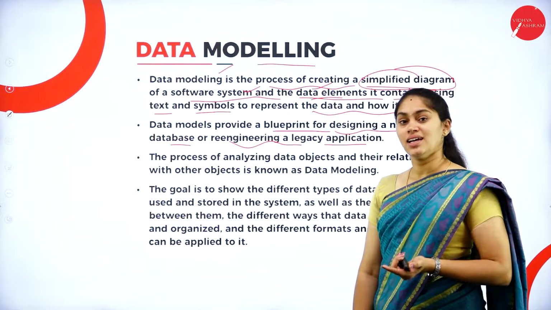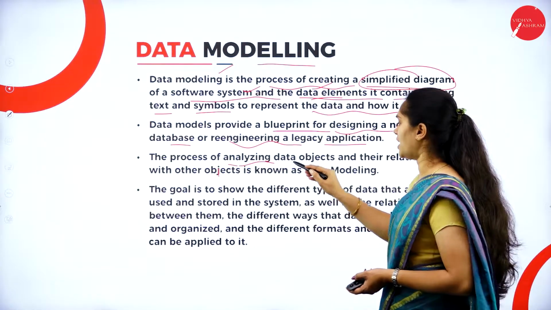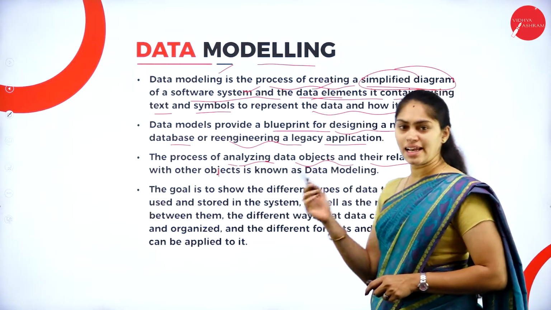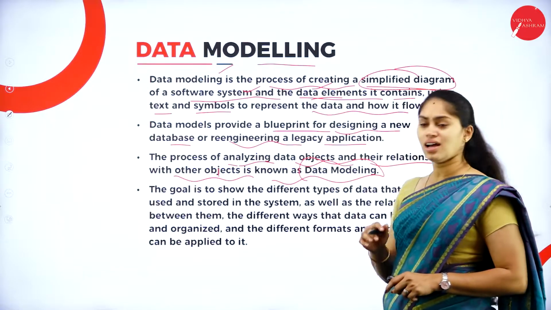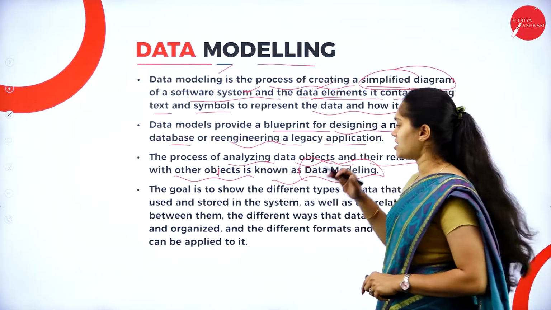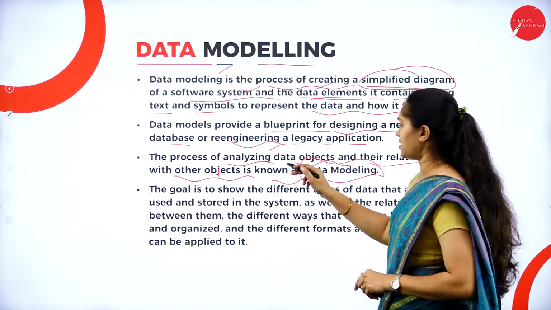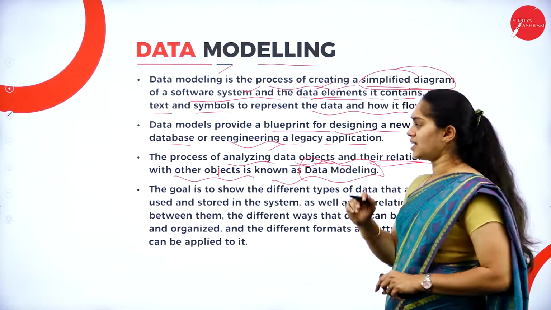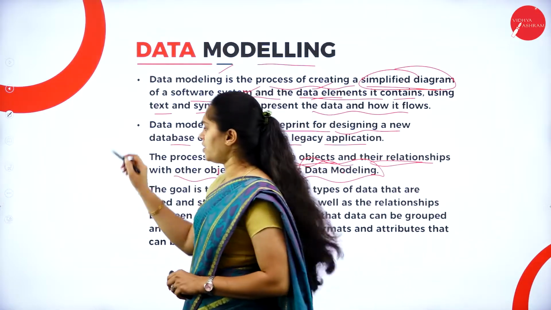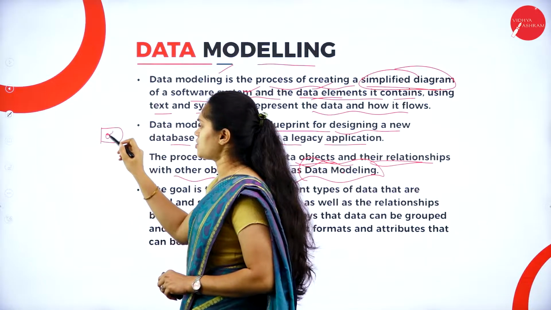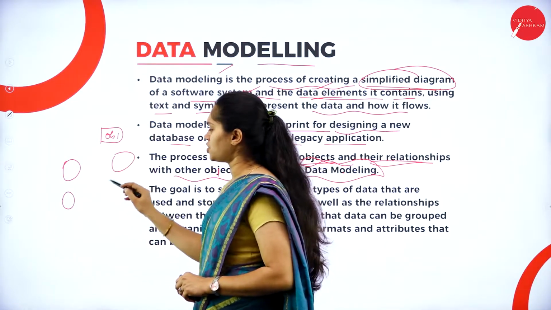This is also helpful for analyzing the data objects and their relationships with other objects. When I say a system or software, it will not consist of only one object. There may be 100 objects you can have.